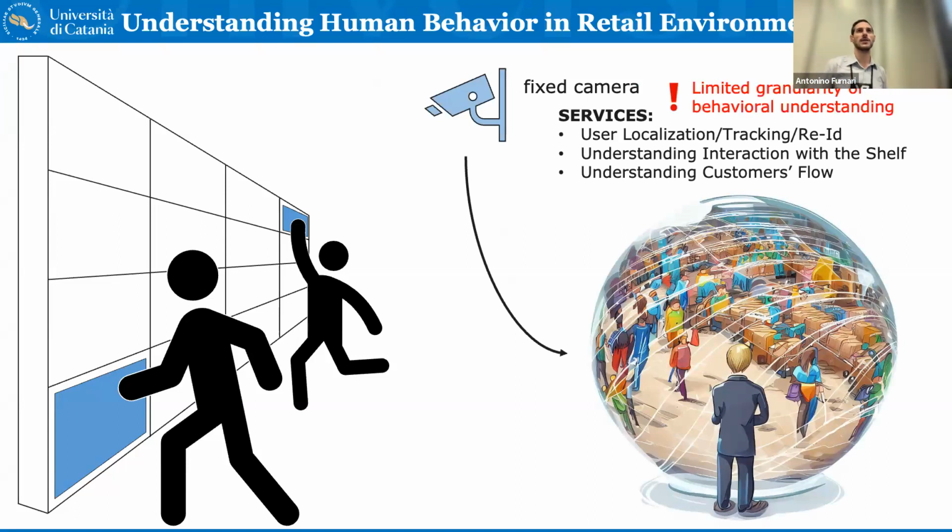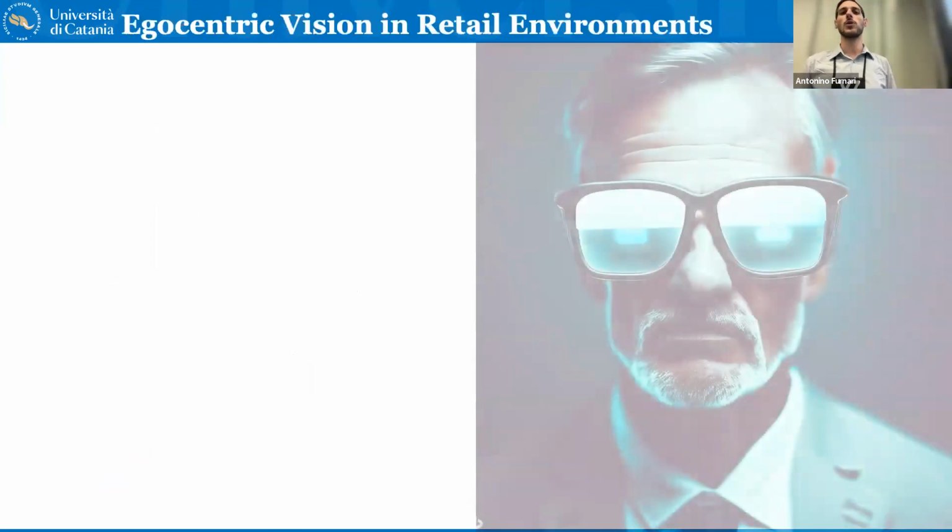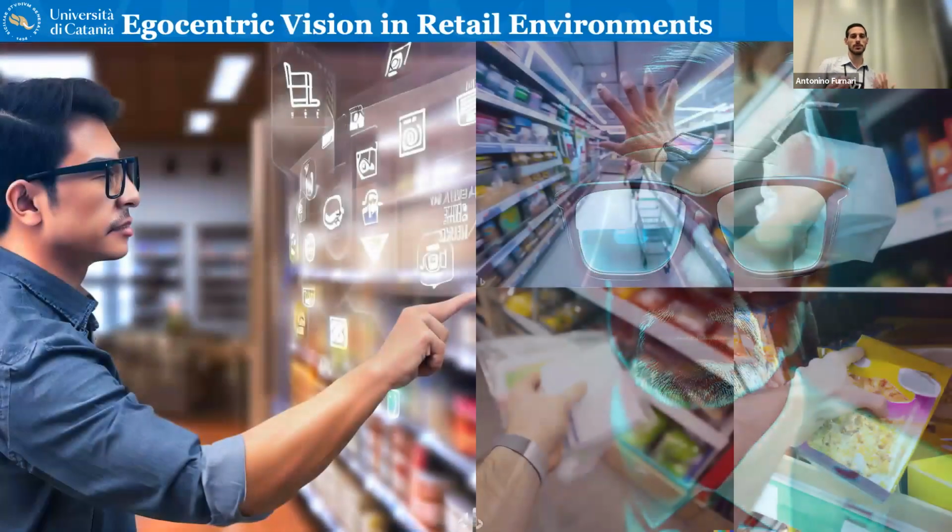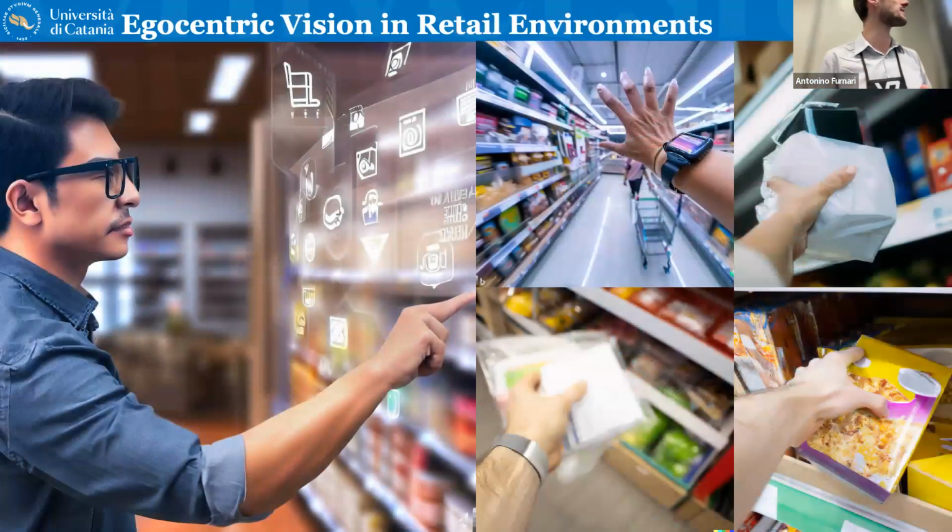But a shortcoming of this approach is that the granularity of behavior understanding that you can reach is limited. Instead, think of what you could achieve if you could equip, for instance, customers with some kind of wearable device, like a wearable camera or smart glasses.